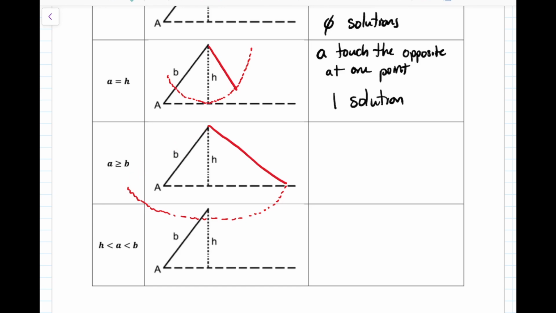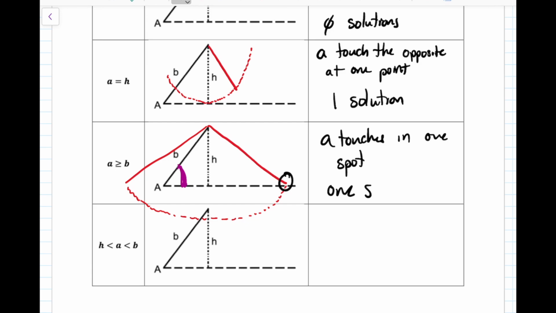We don't consider that as making a triangle because we knew this angle had to be here. So we can't be using a triangle that's over on this side because that doesn't use the angle that we were given. So this doesn't count for a second triangle, but it does touch in at least one place, right? We've got a triangle over here. So A touches in one spot. And so we've got one solution.